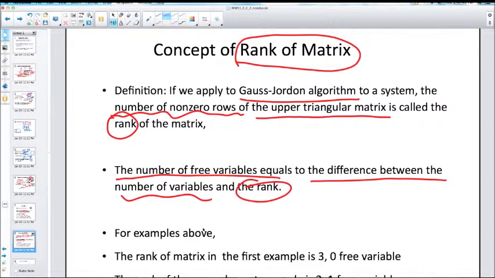The rank simply tells you how many independent equations you have, period. Now, just like the last example, I can keep multiplying by the same constant, make as many equations as I want.